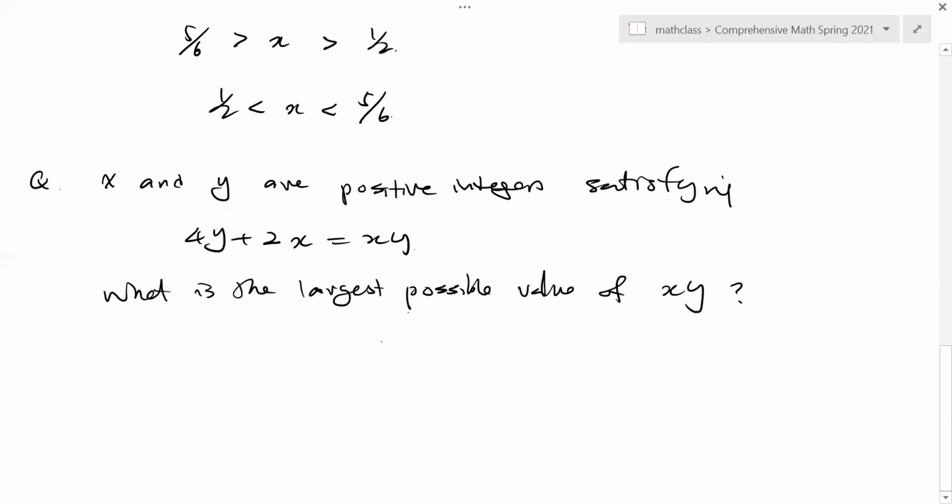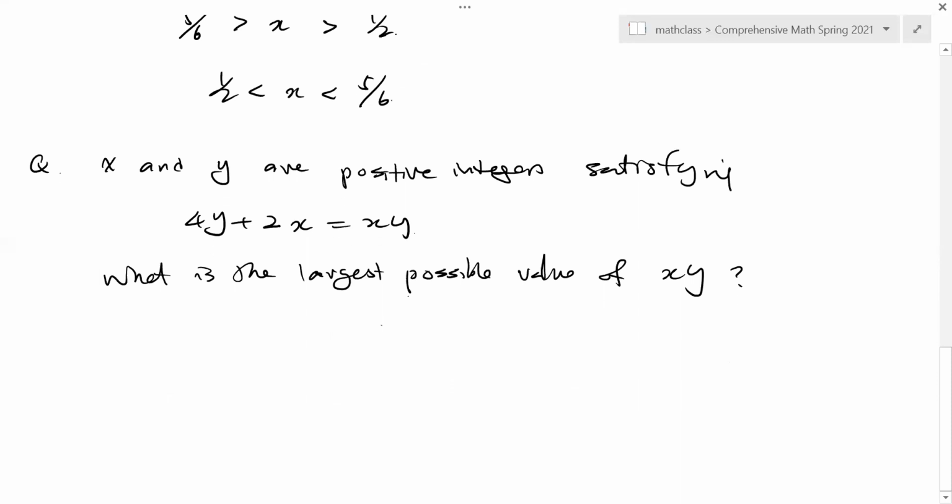Do you have any idea? Well, here we only have one equation and two variables, right? Of course, you cannot uniquely determine x and y, but there's a hidden condition: positive integers.